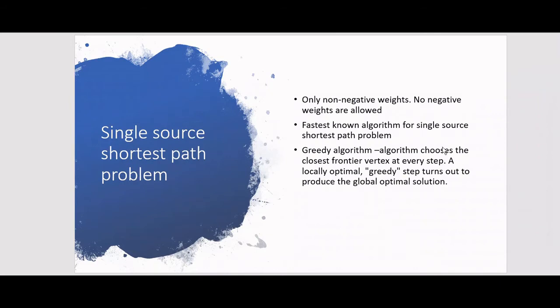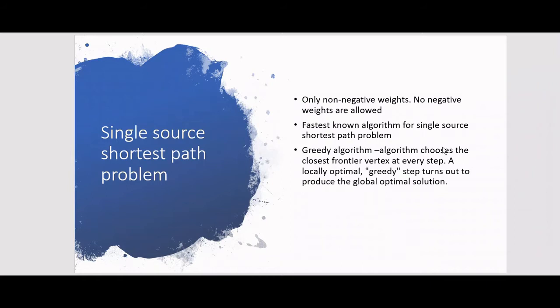How Dijkstra is able to find out the shortest route efficiently? That's the question, and we need to understand that. Why it is able to do so is because it employs greedy strategy. So the algorithm chooses the closest vertex at every step.